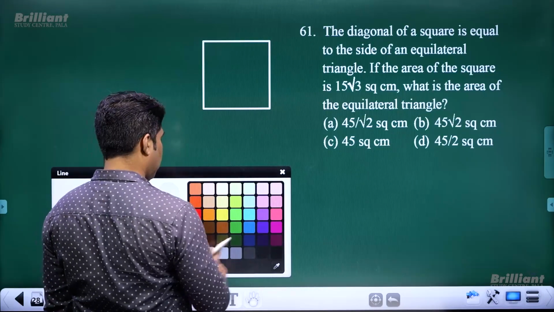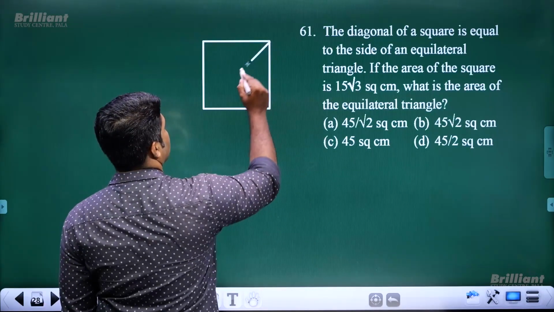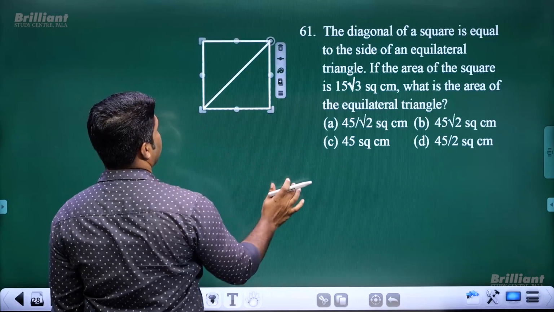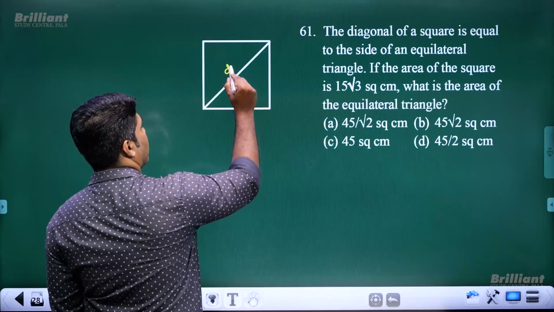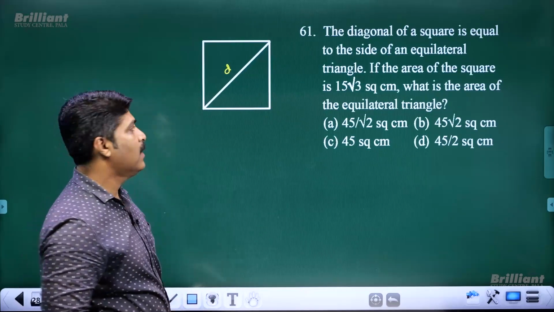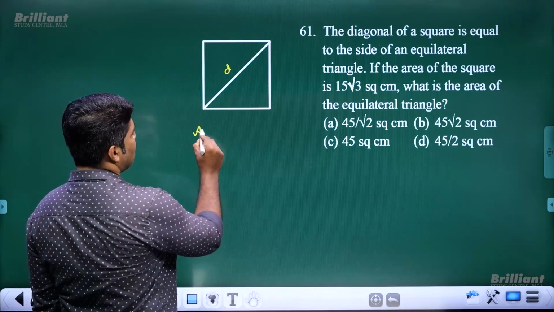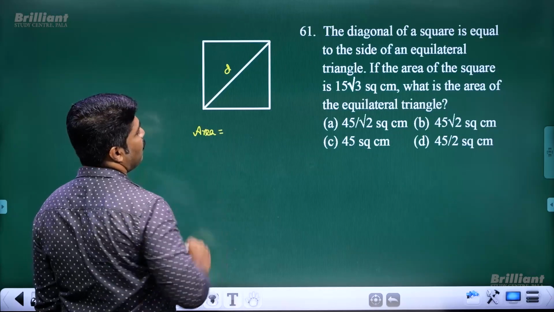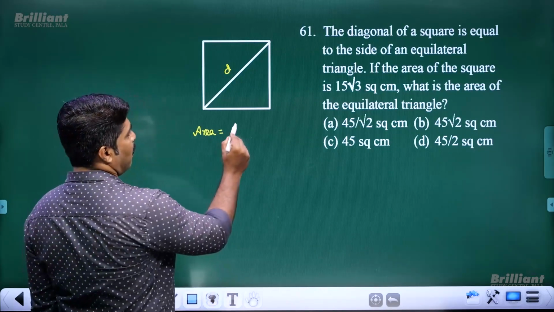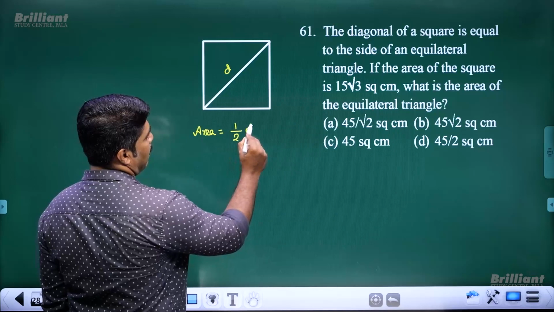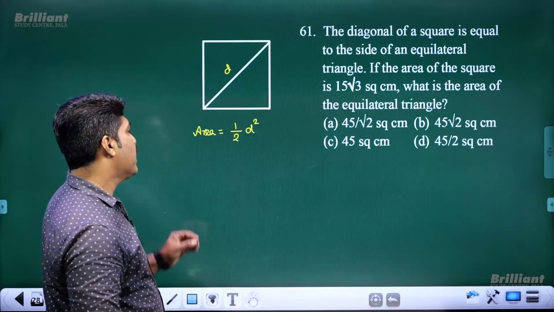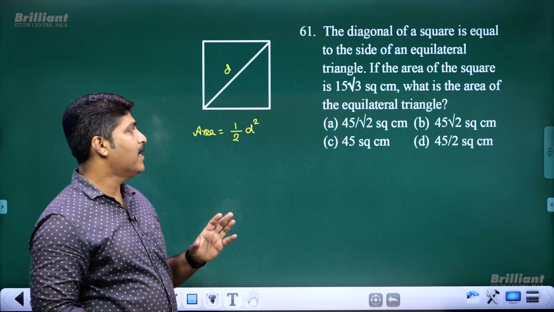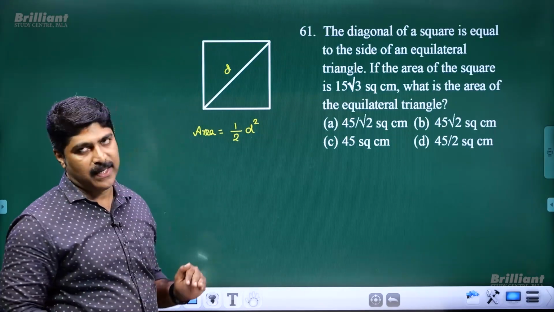This is the diagonal. There are two diagonals. Therefore, area of a square is half of d square. So with the help of the length of the diagonal, we can find the area. That is half of d square.